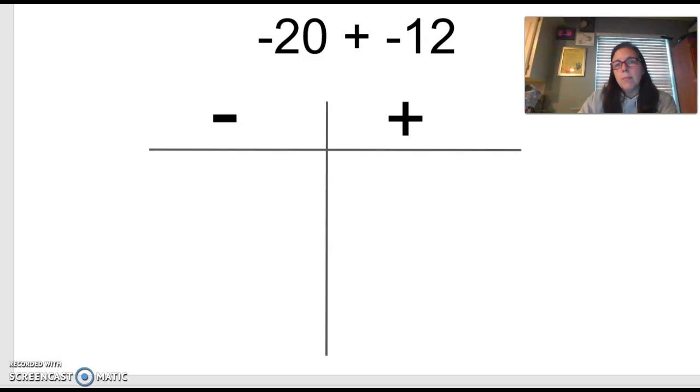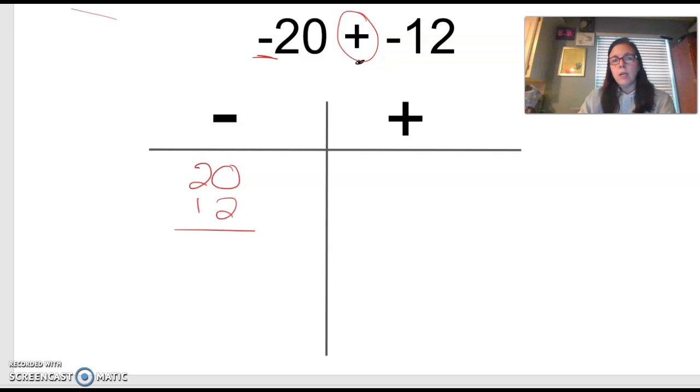Now here, remember -20 plus. Whenever we see this plus sign, we don't actually do anything. We don't do keep, change, or any of that. If it's a plus, that's what we want to see. Then we just look to see what column we're going to put these in. So -20 would go here, -12 will go here.